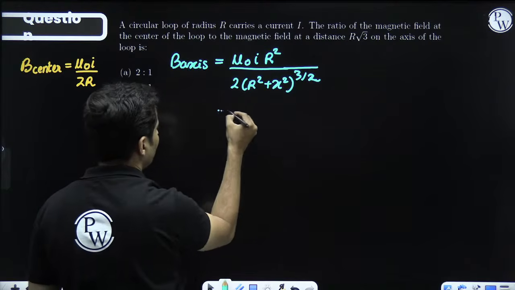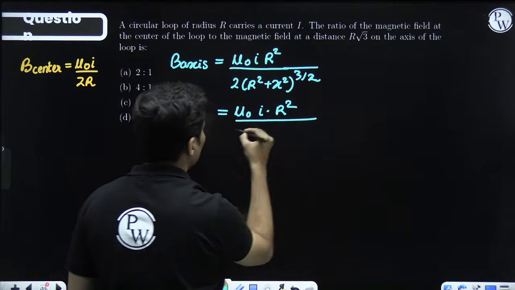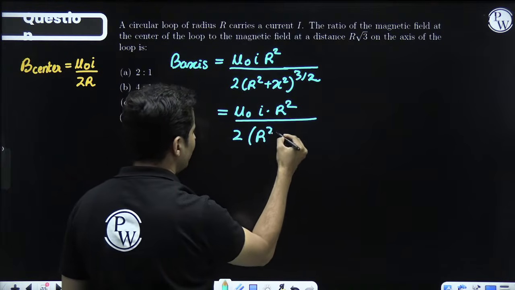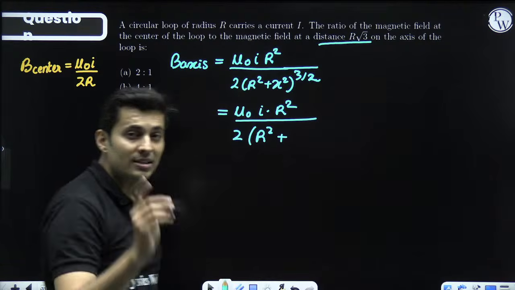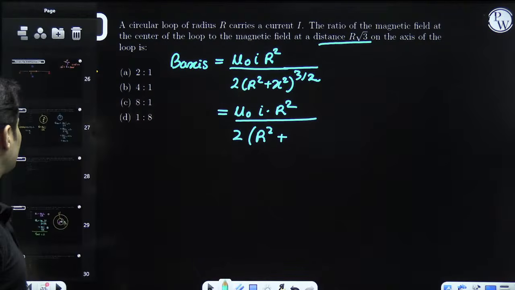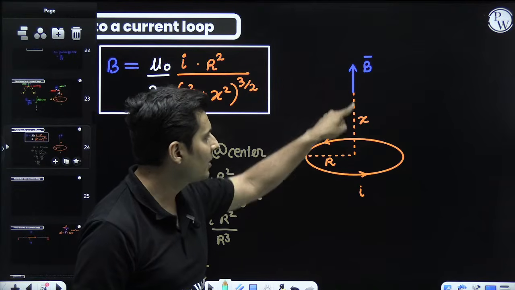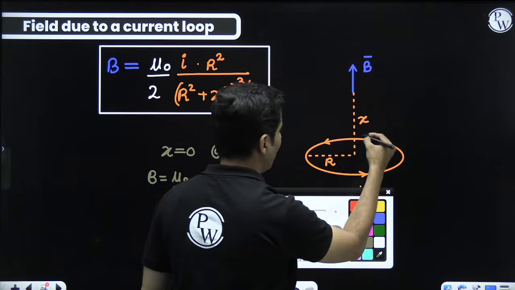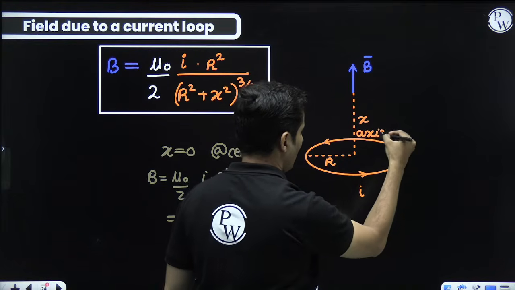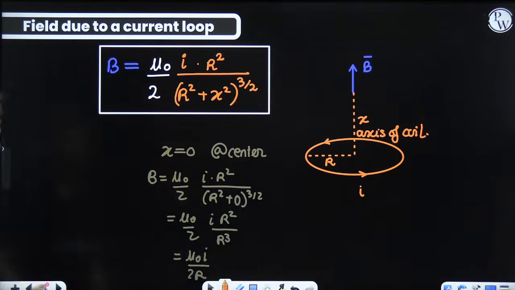So mu naught is mu naught, I is I, r is also r, 2 is also 2, r square is r square, and x is the distance on the axis. Notice that is what your x was, how far from the center you are on the axis. So this was called the axis of the coil.